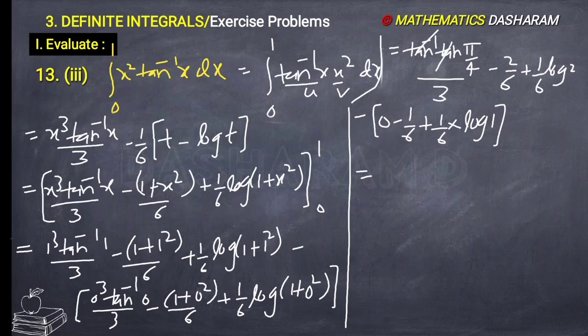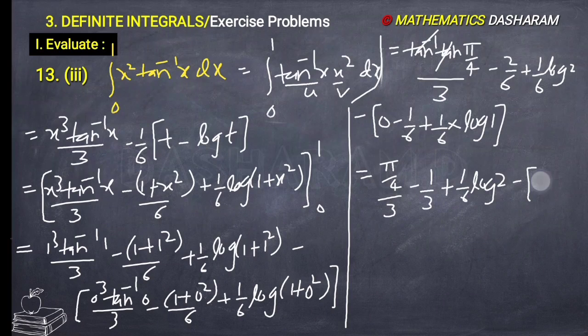Now tan inverse tan cancel: pi by 4 divided by 3 minus 2 by 6, which is 1 by 3, plus 1 by 6 into log 2, minus 1 by 6. Here log 1 value is 0, so 1 by 6 into 0 is 0.